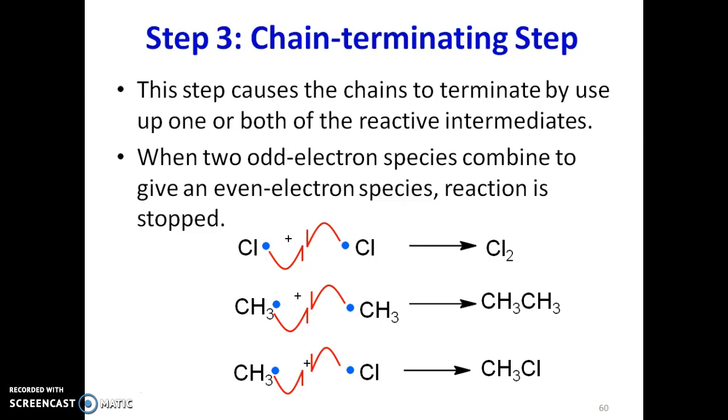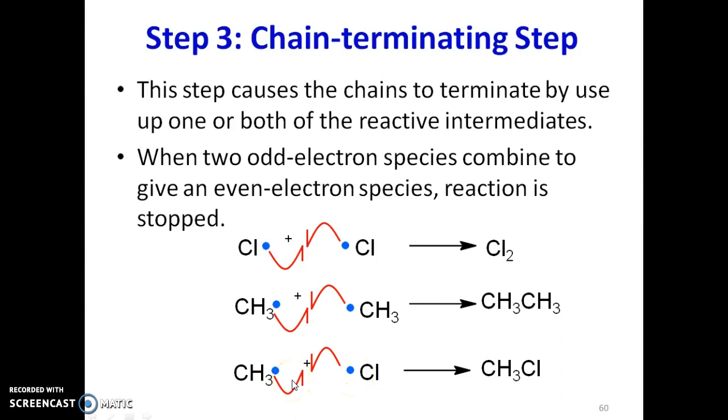Chain propagating step involves 2 equations to produce another free radical, and then the chain terminating step has 3 equations because they have 3 possibilities to stop the reaction: Cl free radicals meet together, or CH3 free radicals meet together, or CH3 free radical and Cl free radical meet together.